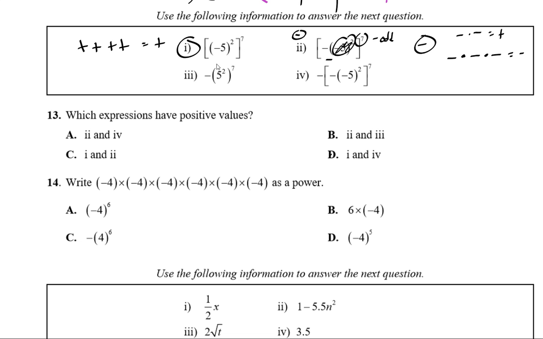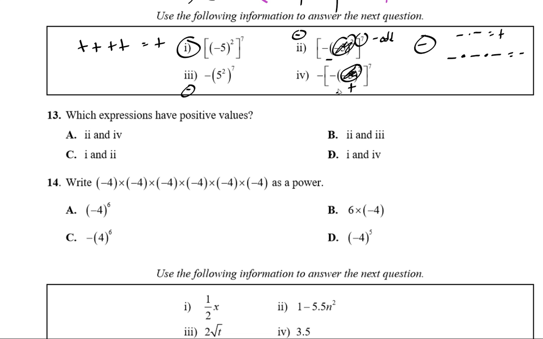For number 3, 5 squared, that's positive. Positive to the 7th power, still positive. The last thing to be done in this order of operations is to add that negative sign in, so this is going to be negative. And for number 4, anything squared or anything to an even power is going to be positive. So far we're dealing with positive.